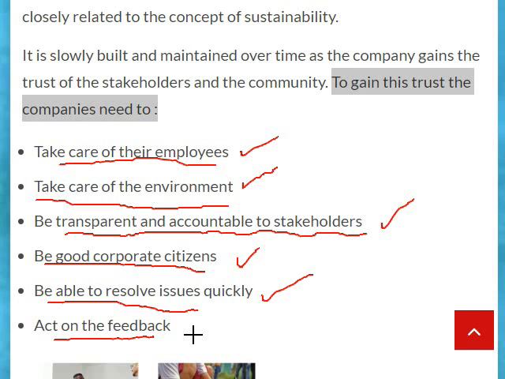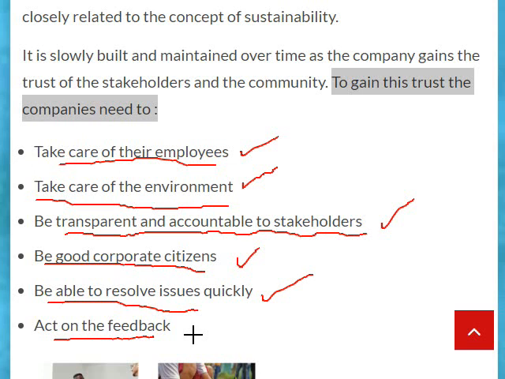On the other hand, there is a company B, and you mail to them that this is an issue which I have faced and this needs to be rectified, and they do not respond to you. Firstly, it will harm the business, as you are less likely to engage again with the company, and you might add to the bad publicity for the company.